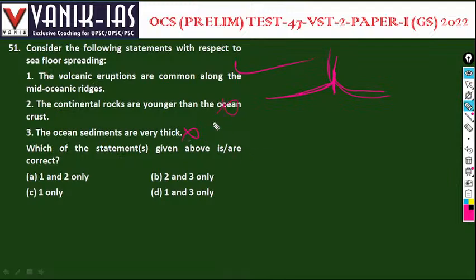So here, the second statement is wrong. Option 1 will be right. Continental crust is older because it is rarely destroyed. Generally, when ocean crust is subducted under continental crust, it gets destroyed easily. So continental rocks are rarely destroyed, so they are older. So only option 1 is the right answer.